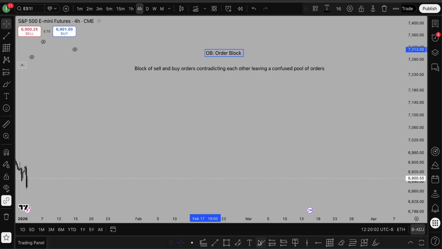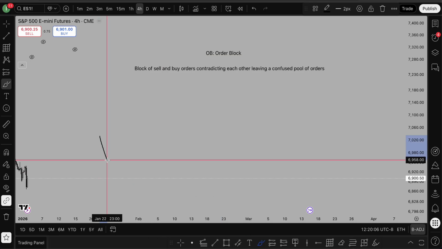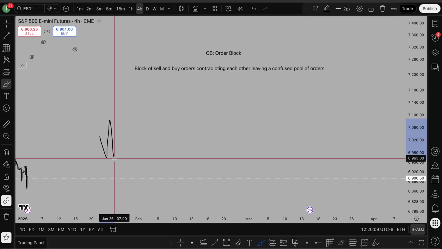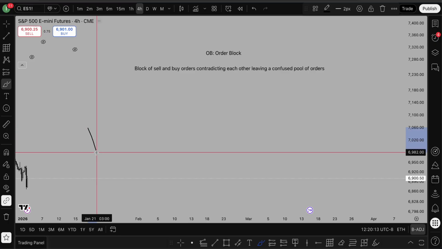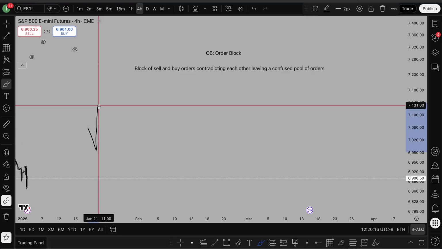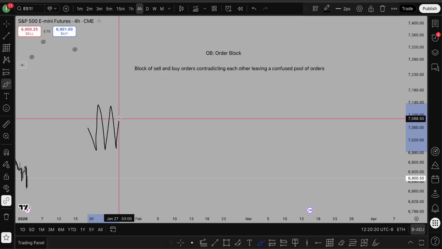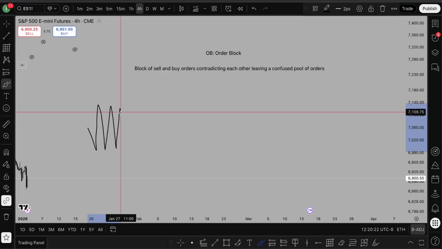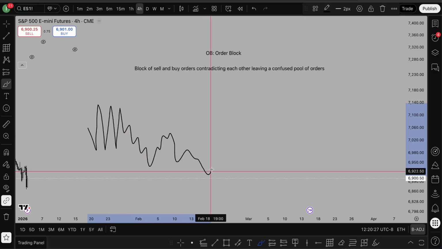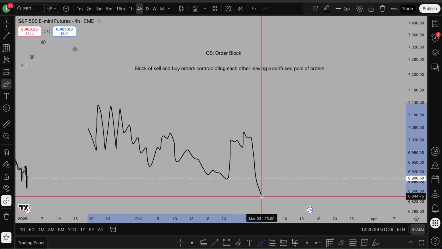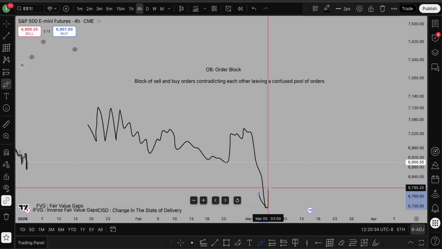Okay, so when I draw it out for you, I'm not going to draw it out with candles, I'm just going to draw it out with lines. But imagine people here, right? So people were selling here, buying here, selling here, buying here, selling, buying, right? And then let's say we just start doing something like this. Boom. That's just a random example, okay?